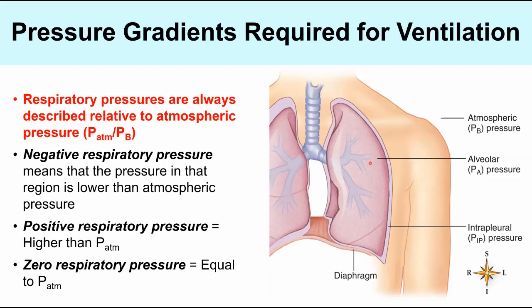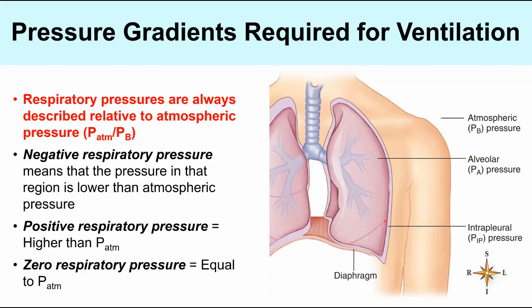Okay, and then there's one other important pressure that I'm going to mention in this PowerPoint and in this little info session, and that is the intrapleural pressure, which is just the fluid pressure of the pleural fluid that again resides between the parietal and the visceral pleura.